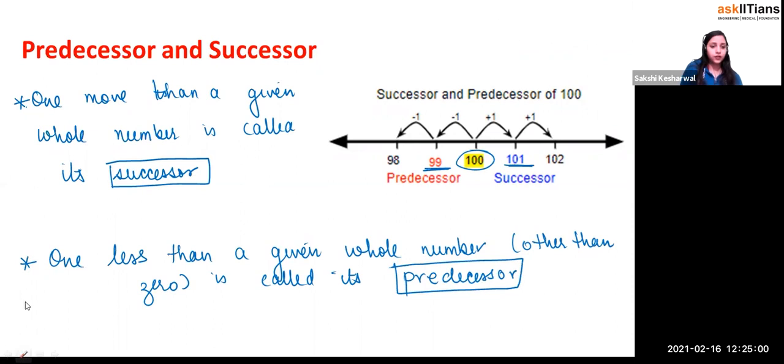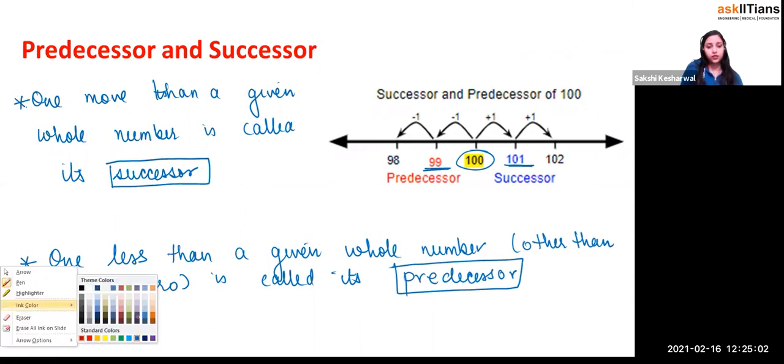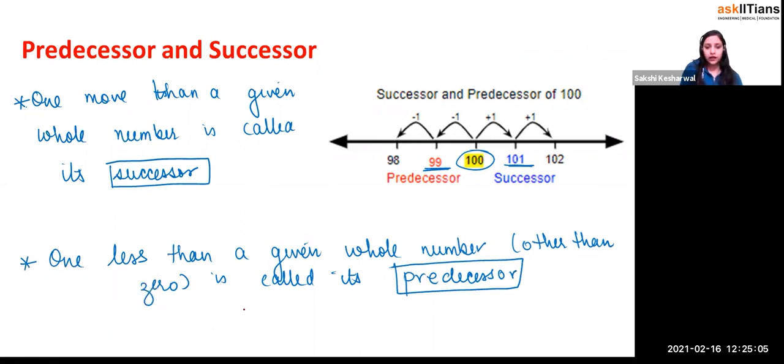So if I ask you an example, like I'll write successor and predecessor of the number 99,999, and I'll give you 1001. So what is the successor of 99,999?